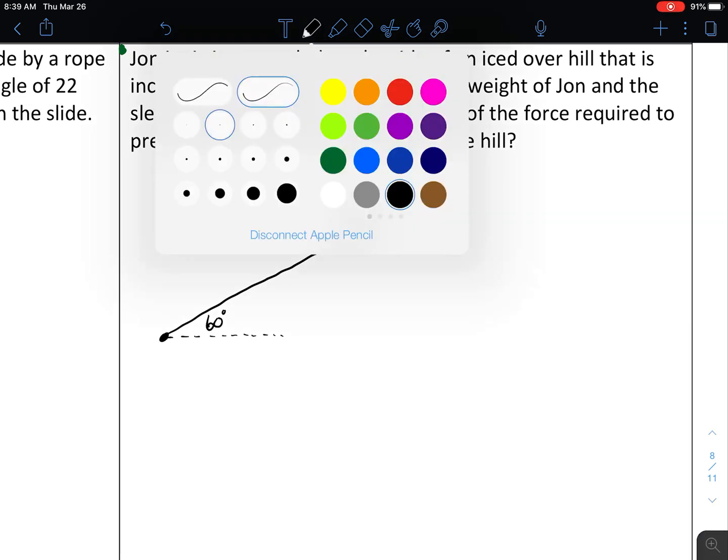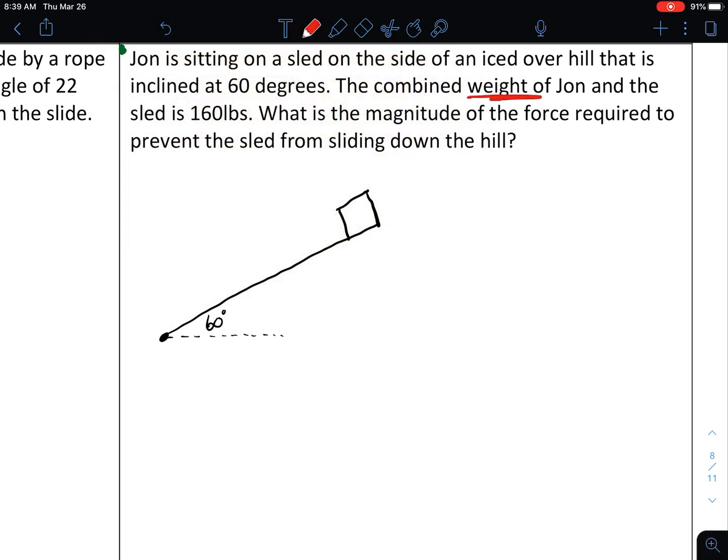The combined weight of John and the sled is 160 pounds. When you're drawing these kinds of pictures, we have to use some physics here, where weight is determined by mass and gravity. So from the center of the box here, I'm going to draw a vector that acts in the direction of gravity.